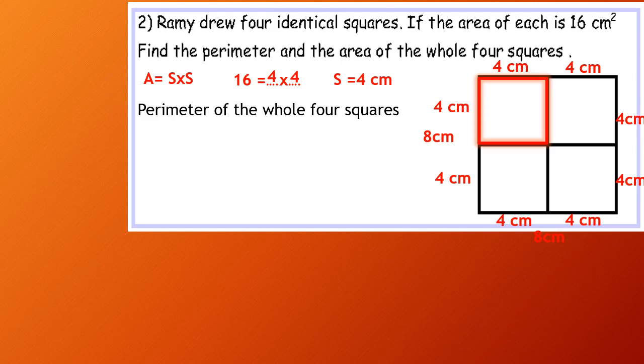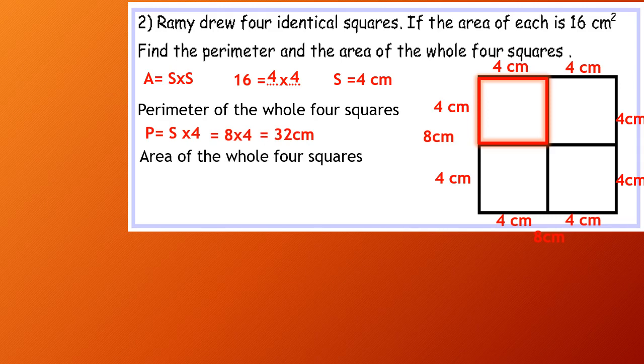So the perimeter of the whole 4 squares. Because it's a big square, the perimeter is side by 4. The side length is 4 plus 4 equals 8, by 4 equals 32 centimeters.